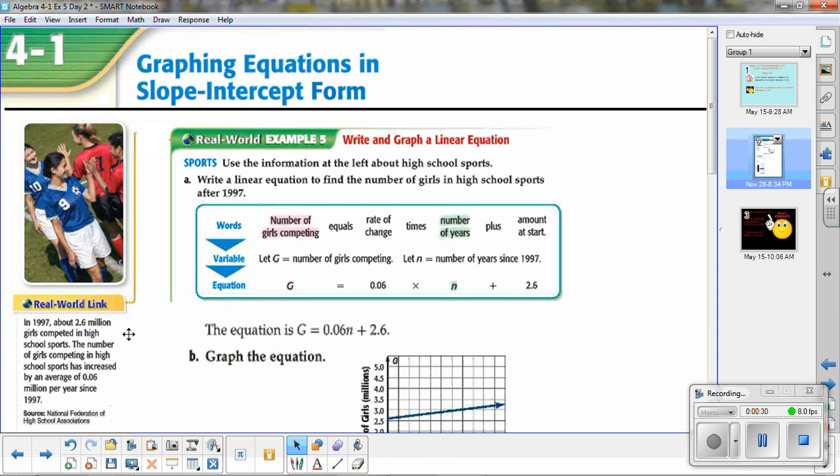It says in 1997, about 2.6 million girls competed in high school sports. The number of girls competing in high school sports has increased by an average of 0.06 million per year since 1997.